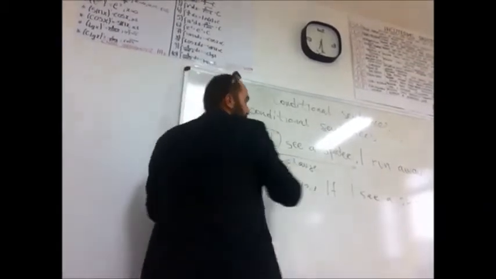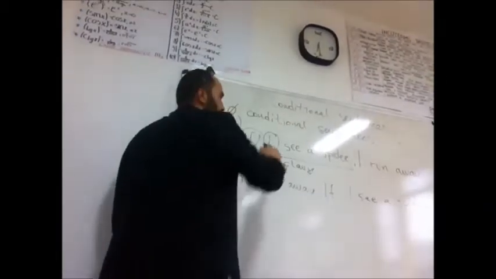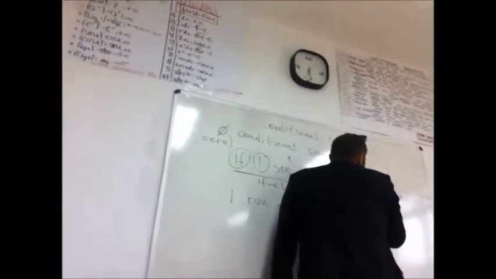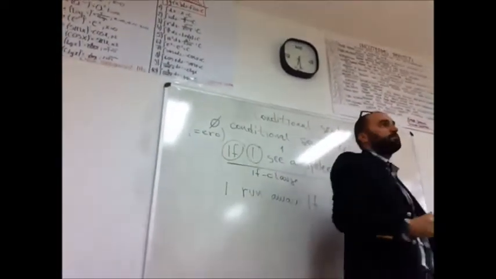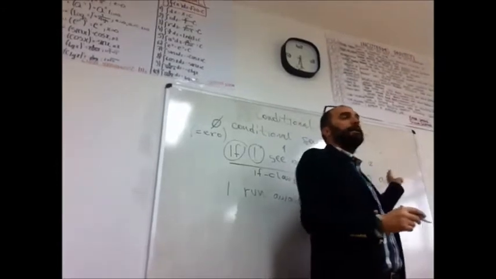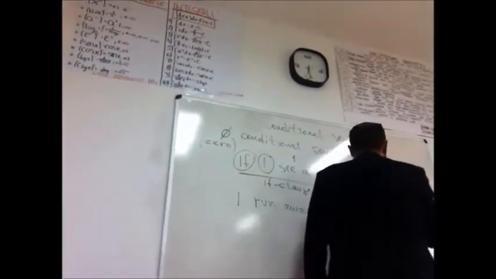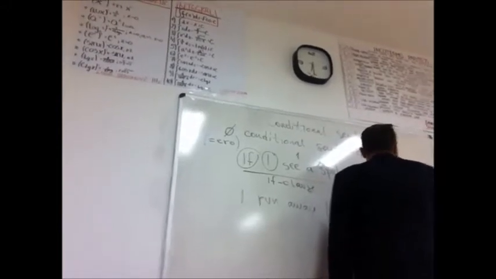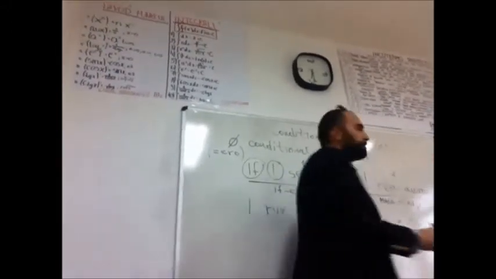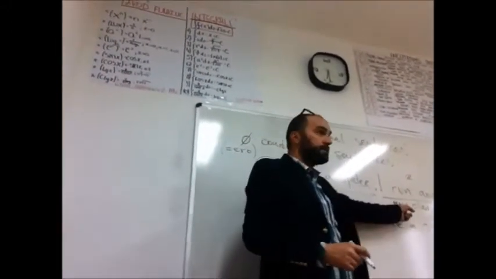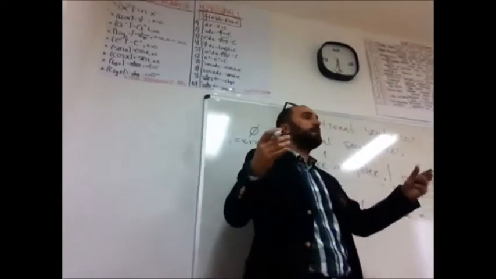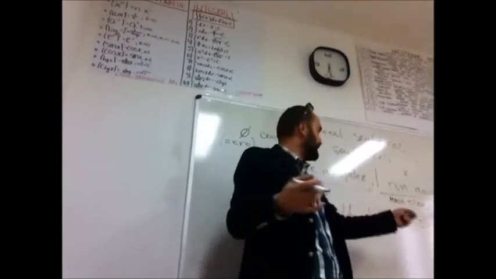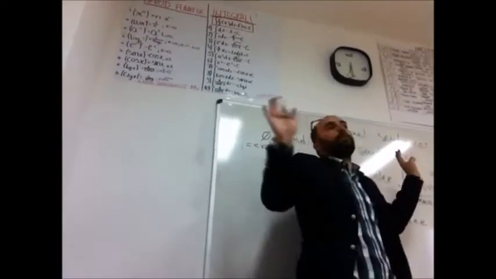This entire sentence has two clauses. This is number one. This is number two. This one is an independent clause. It's called the main clause. Why? Because this one is independent. It doesn't depend on the other one. You say, I run away.